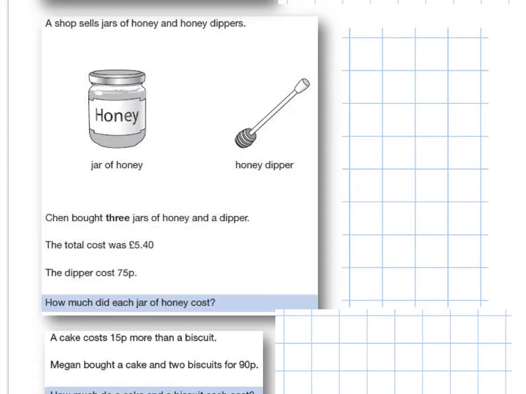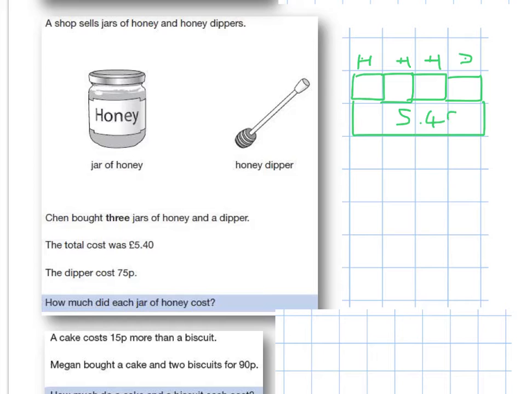Now we've got a shop selling jars of honey and honey dippers, and Chen, he buys 3 jars of honey. So I'm going to draw 1, 2, 3 jars of honey, and he also buys a dipper. Dipper on the end. So I've got my honey and my dipper. We know the total cost was £5.40, so everything he bought cost £5.40.